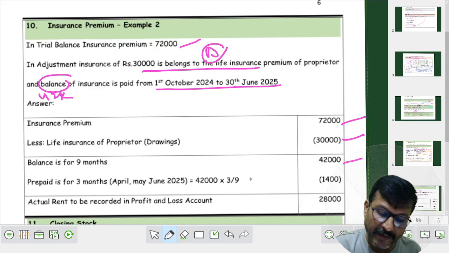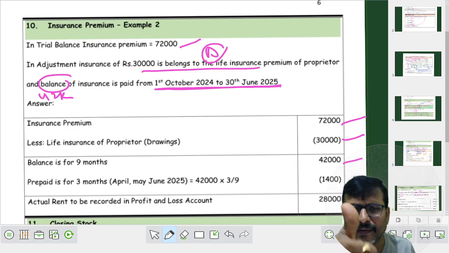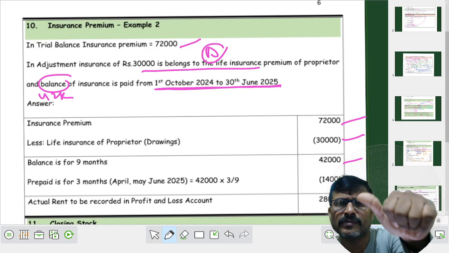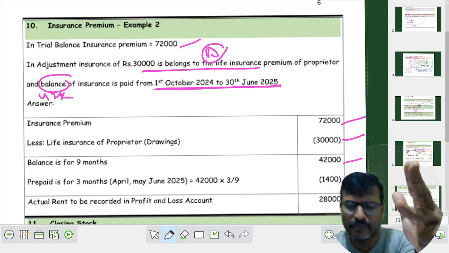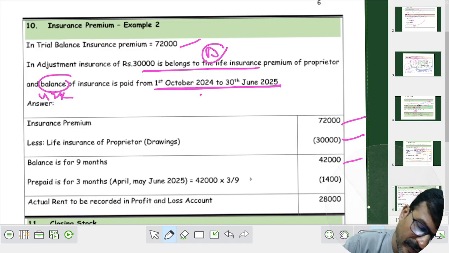Now, paid from October 24 to June 25: October, November, December, January, February, March, April, May, June. It is a period of how many months? It is a period of 9 months.